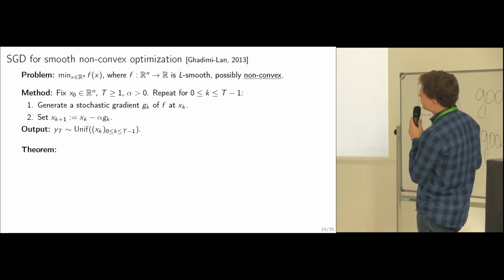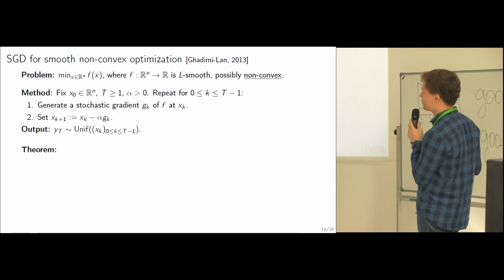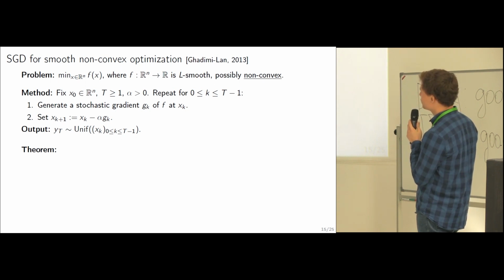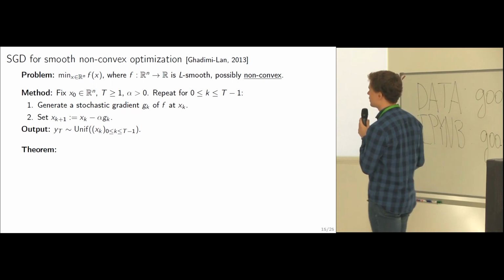So actually this is formulated in this way, but if one implements this algorithm, it should be organized slightly differently. First of all, we generate some uniformly distributed number between 0 and T. We decide how many iterations we wish to perform. And then we do not perform all the iterations, but only that number of random iterations that we need.